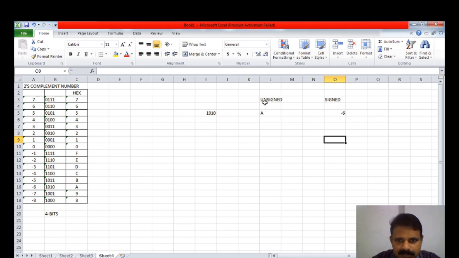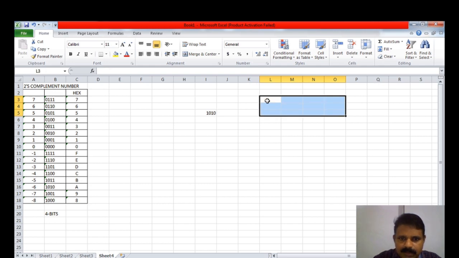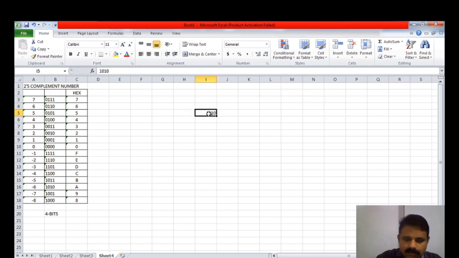Next, let us see 8-bit numbers represented in 2's complement form. First, we have to decide what is the maximum positive number and minimum negative number we can represent using 8 bits. See here, with 4 bits, the maximum positive number is 7, that is 2 to the power 3, that is 8 minus 1.